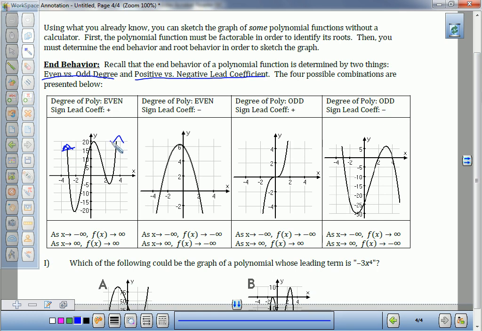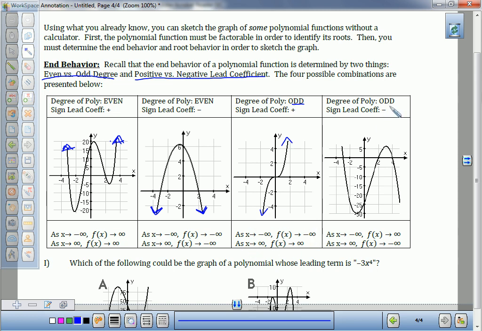Both ends rise. If it's an even degree function, but we have a negative leading coefficient, both ends fall. So as x approaches positive or negative infinity, y approaches negative infinity. If it's odd, but it has a positive leading coefficient, it falls to the left and rises to the right. And you see here the end behavior.